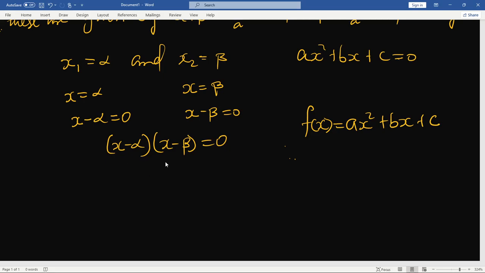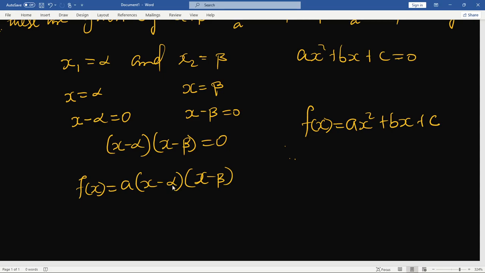In factored form, where it's not equal to 0, we multiply by a constant a, so f(x) = a(x - α)(x - β). The reason we're doing this is simply because we're adding this coefficient a so that the equation doesn't lose meaning when we compare to what we have this side.